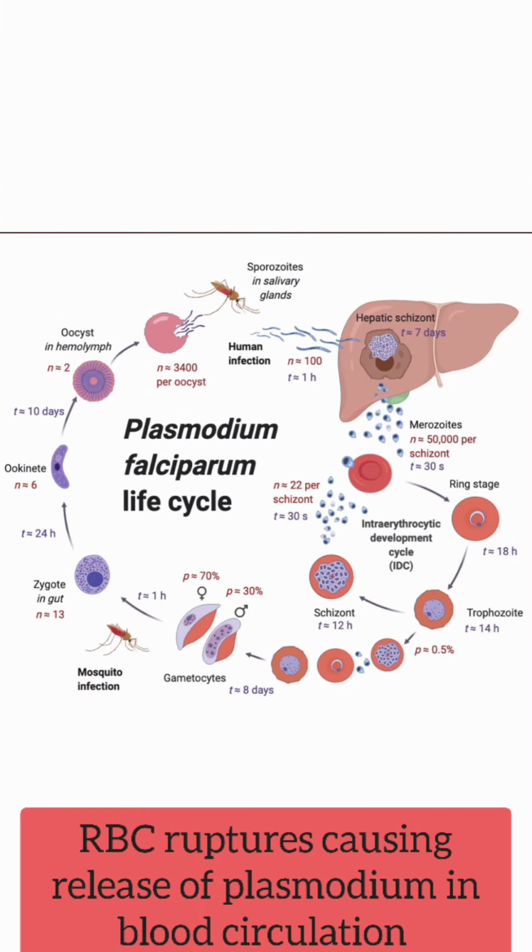When this occurs, the patient mostly gets fever, chills, fatigue, headache, malaise and other symptoms. This is the time when the person comes to know something is wrong. Till that time there are no symptoms at all, but the parasite has already come into the blood circulation.